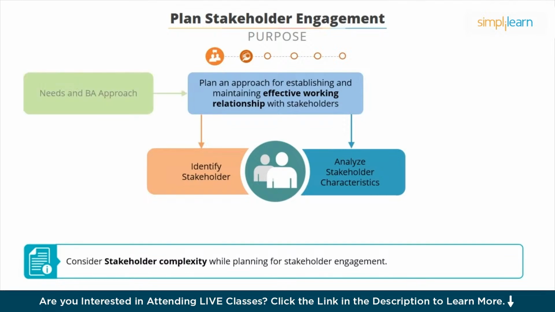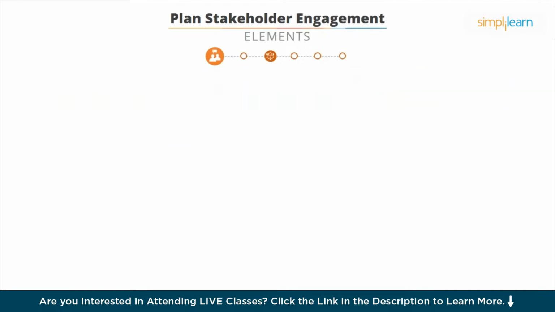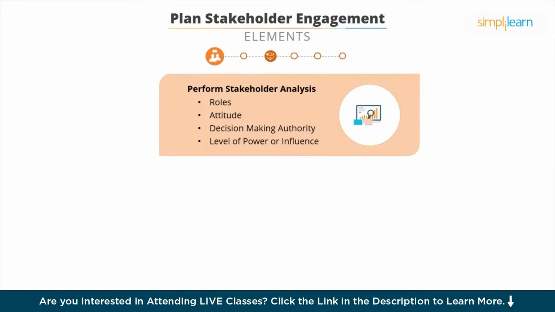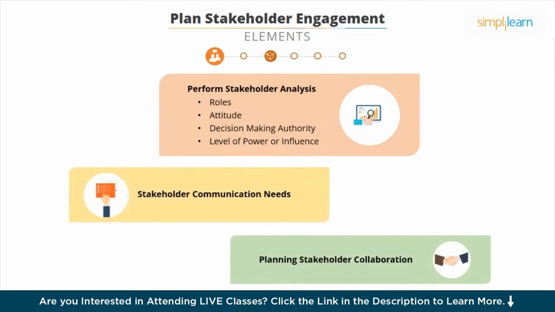Second, the business analysis approach, because the stakeholder engagement approach should align with the business analysis approach. The output is the stakeholder engagement approach. It includes stakeholder analysis, understanding stakeholder communication needs, and planning stakeholder collaboration to ensure effective collaboration with stakeholders in business analysis activities.